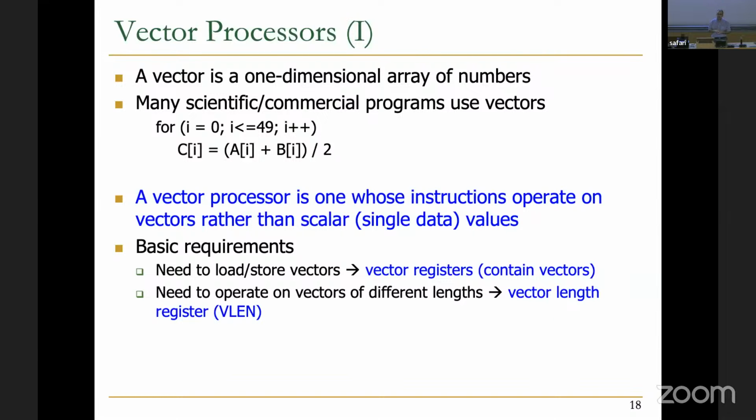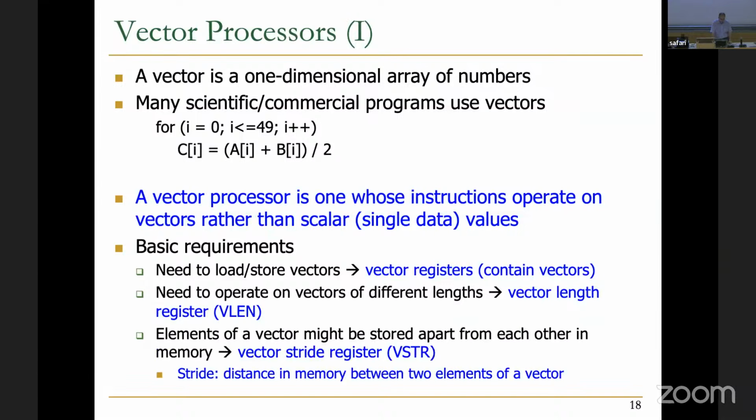Imagine your vector registers are long enough to store 50 data elements, but at that moment you don't have 50 data elements, so you want to do the operation on 25 elements. Then you can set the vector length register to 25, and that informs the architecture that your execution is going to be on 25 elements.